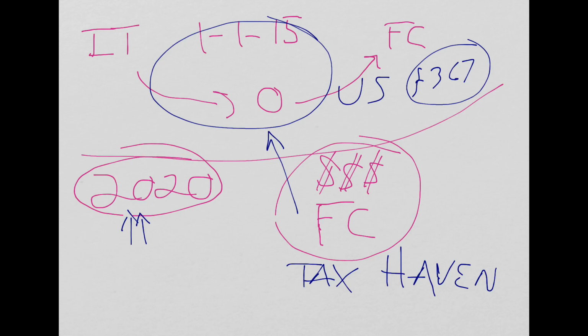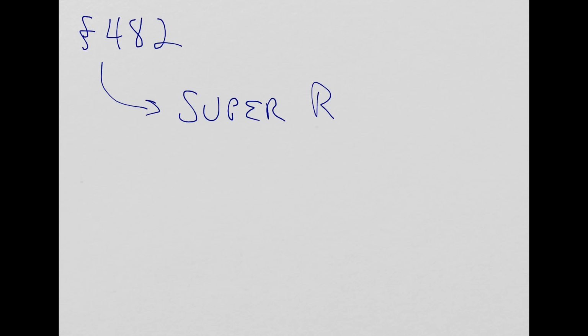This, by the way, before I forget, is what is known as, at least that last sentence that we looked at in Section 482, that last sentence has become endearingly and lovingly known in the literature, among tax accountants and tax lawyers who play in the international tax arena, as the super royalty ruling or the super royalty rule, because it's not just an intangible property that's transferred and has a value the day they transfer.